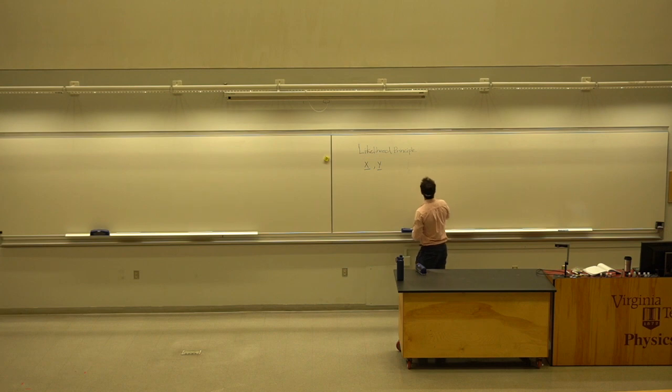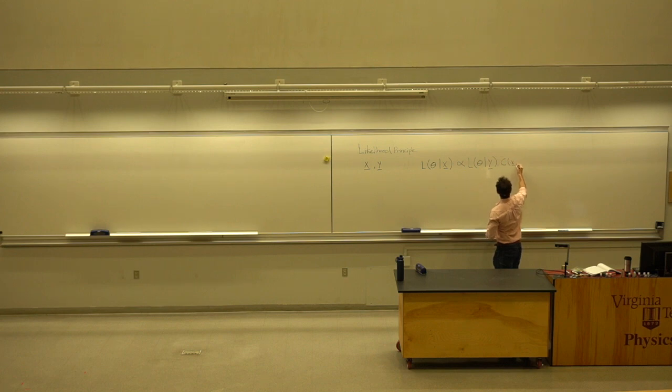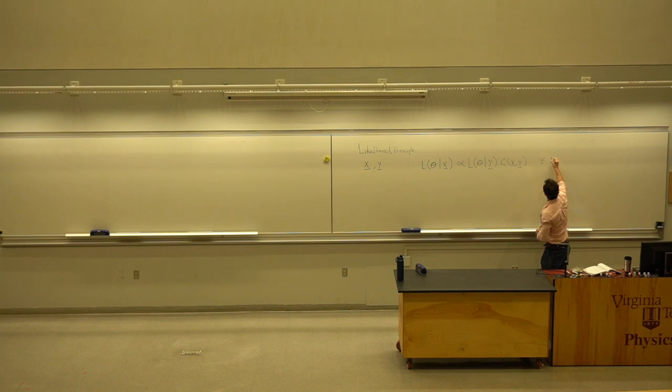What the likelihood principle says is that if the likelihood of some parameter in your model, theta, given that you observe the data set x, is proportional to the likelihood of theta under you observing data set y multiplied by some constant, a function of x and y, if you have this proportional relationship holding, then your inferences should be the same regardless of whether you're using data set x or data set y.